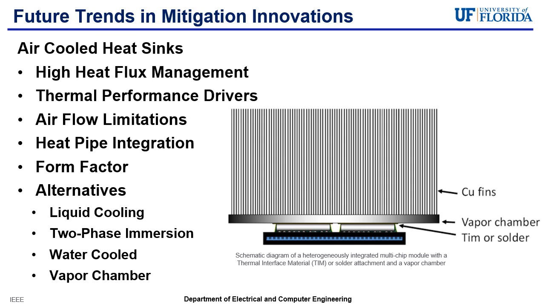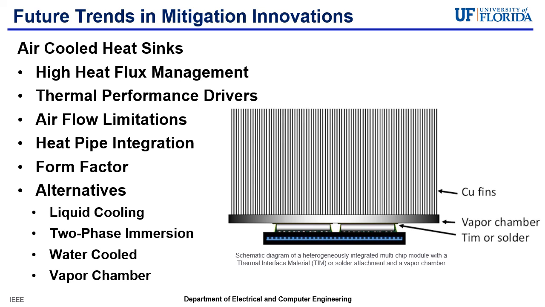The form factor, or physical size and shape of the heatsink, also influences its performance. It must fit within the available space while providing enough surface area to dissipate heat effectively. Alternatives to air-cooled heatsinks are also being developed. Liquid cooling systems involve the flow of a coolant in direct contact with hot components. Two-phase immersion cooling submerges components in a thermally conductive liquid that boils and condenses to remove heat.